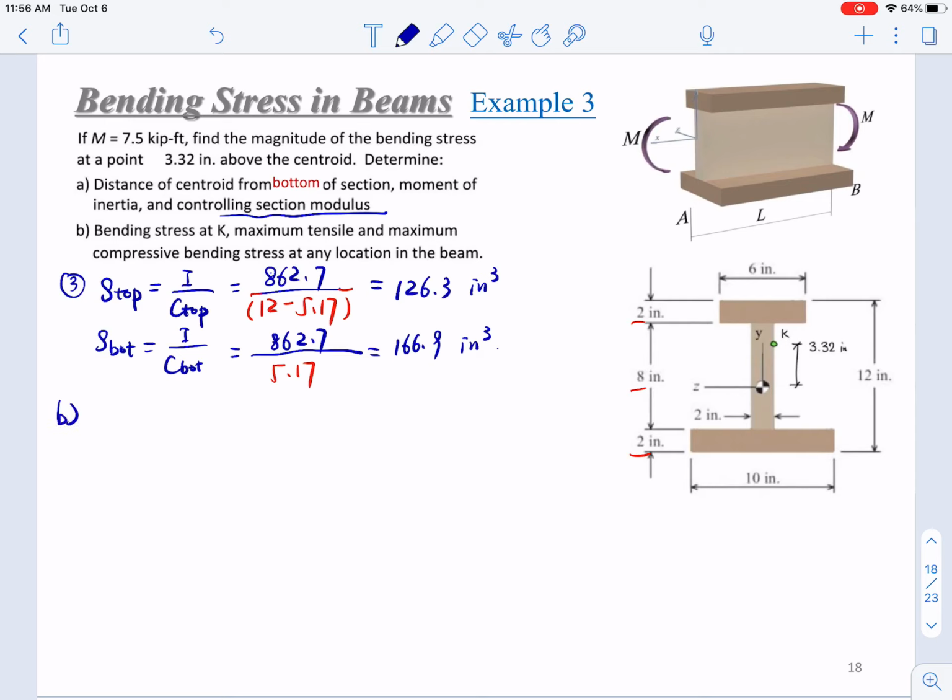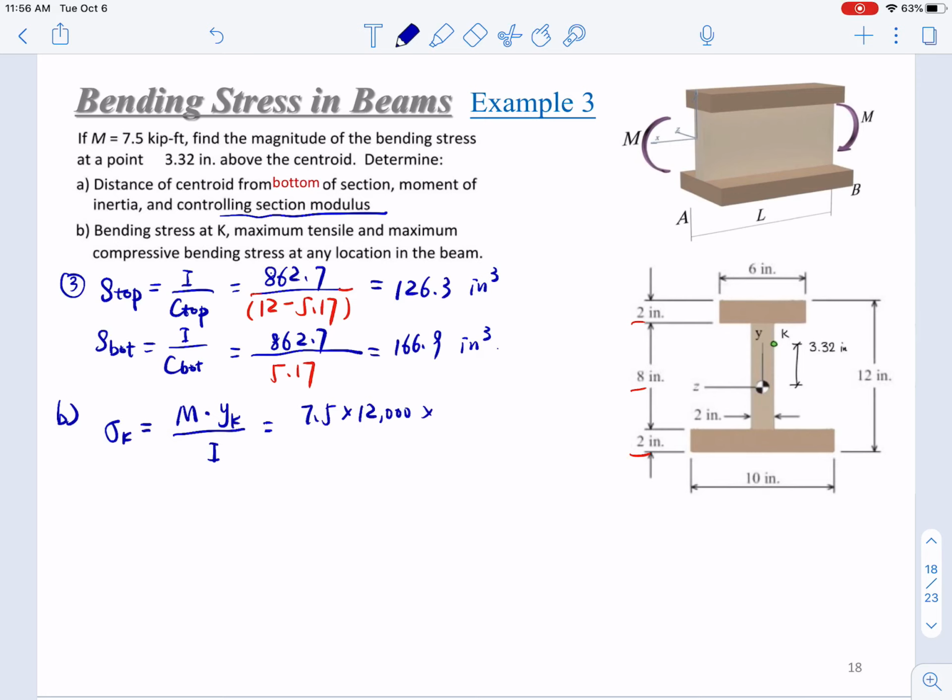Then we're calculating the bending stress at K. Bending stress at K is just M times YK over I. M, as we mentioned in the beginning, is 7.5 times 12,000, times YK.